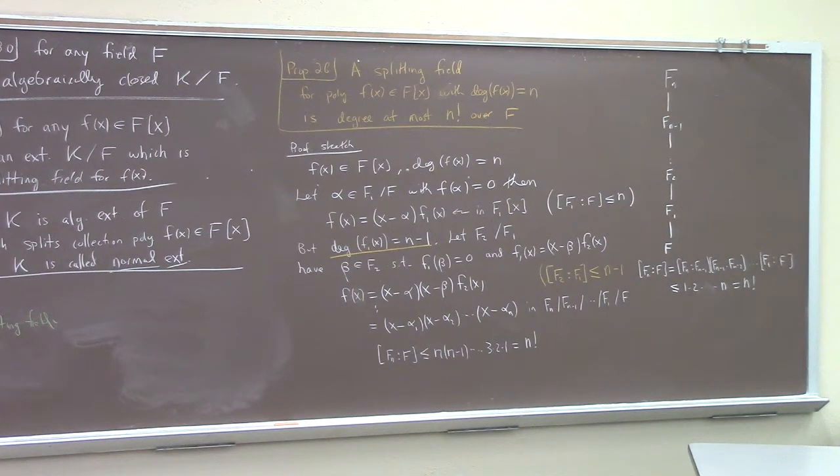Consequently, how can I say this? I'm not saying that the splitting field is equal to F bar. What I am saying is that the splitting field has to be a subset of F bar.